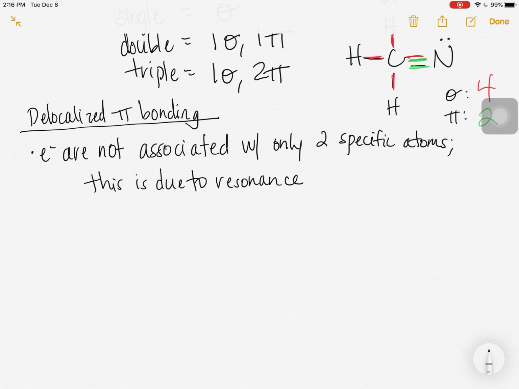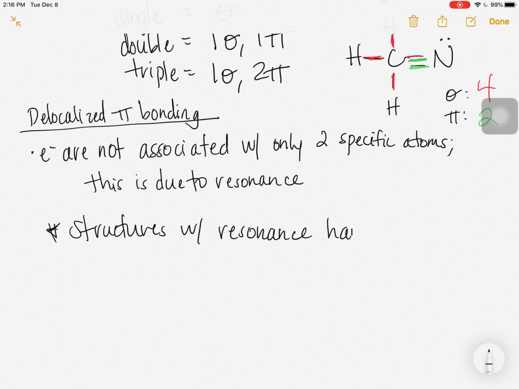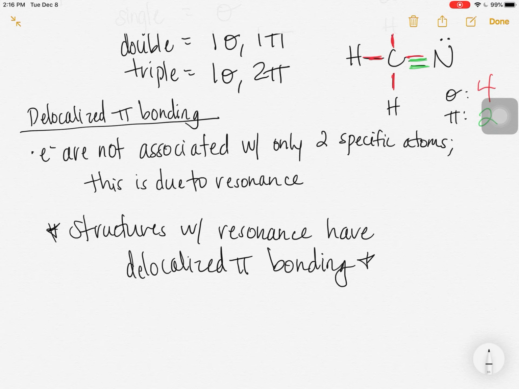So my example in our notes was benzene, but here's your takeaway. Structures that have resonance have delocalized pi bonding. Structures without resonance have localized bonding.